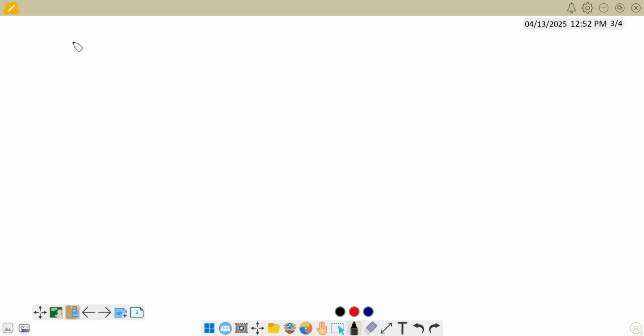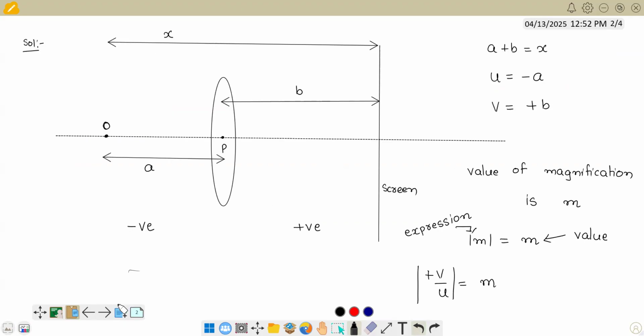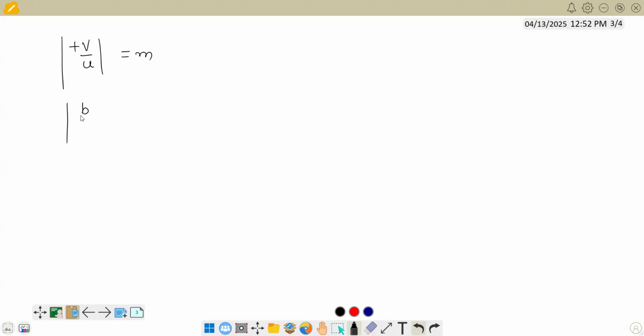So we can write modulus of plus v by u is equal to m. So what is the v value? V value is b and u value is minus a, equal to m. So simply b by a is given as m. So b value is ma. So this is the first thing that we can get.